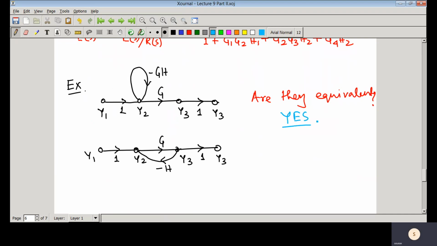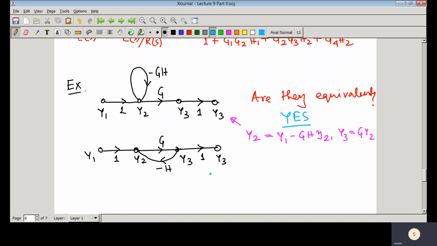How? You can see it here. For the first case, y2 equals y1 plus the self loop, that is y2, and then you have another algebraic equation, that is y3 equals g y2.